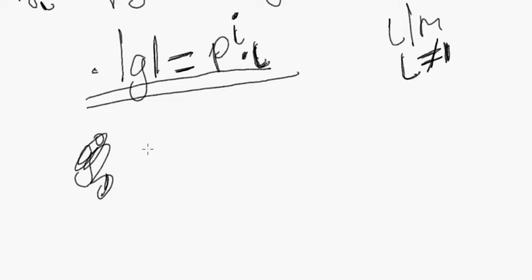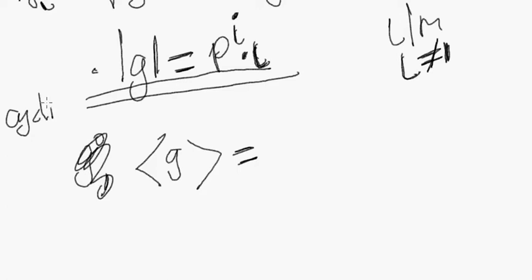Again, if you're confused about cyclic groups, please go online, maybe on YouTube, and learn about what cyclic groups are. But if you look at the cyclic group generated by G, if the order of G equals P to the I times L, doesn't that mean the order of the cyclic group generated by G is also P to the I times L?